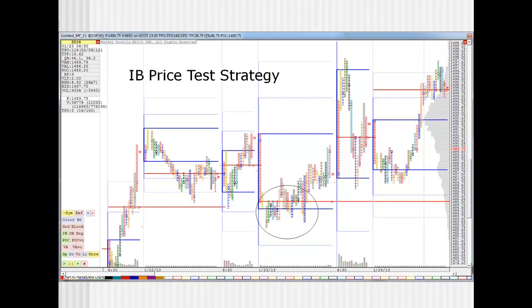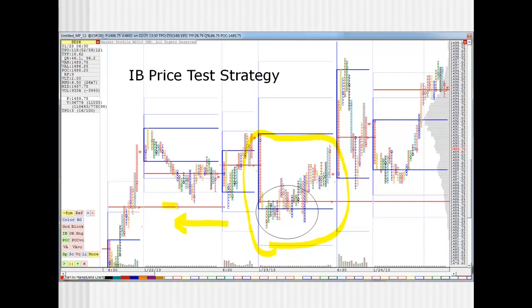Now, let's take a look here because this looks very congested. The point that I want to make to you is that no profile really trades in a vacuum. Everything is interrelated, and the trading that's going on in this session before you is related to what preceded it.